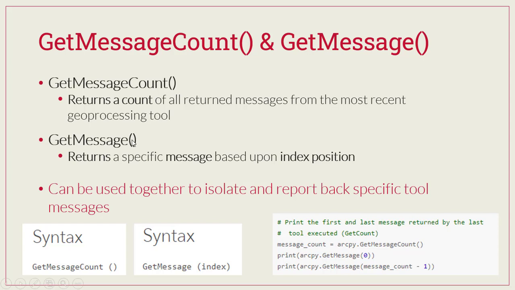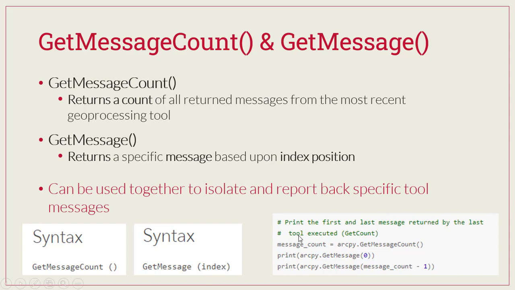So getMessage returns a specific message based upon an index position. Like I mentioned, these can be used together to isolate and report back specific tool messages. So you can see I've given you the syntax for each of these. GetMessageCount has nothing required, no optional parameters. But getMessage does have a required parameter of index, and that's the index position of the message that you want to get.